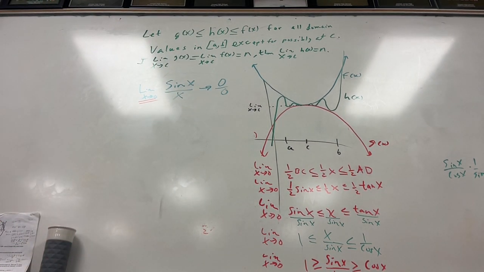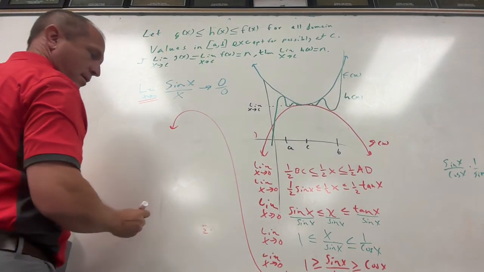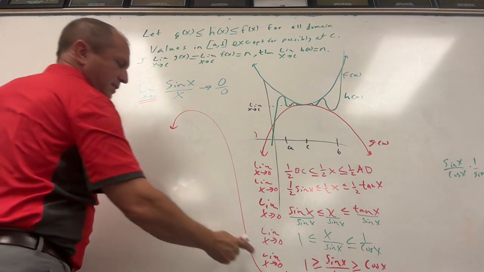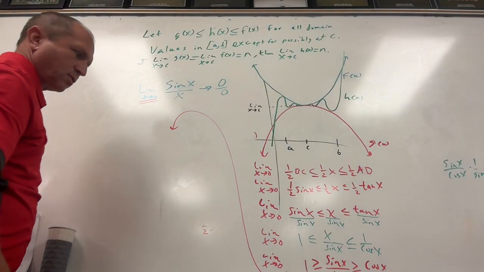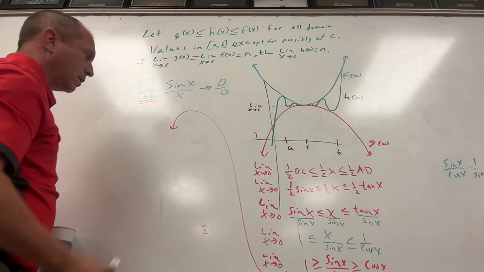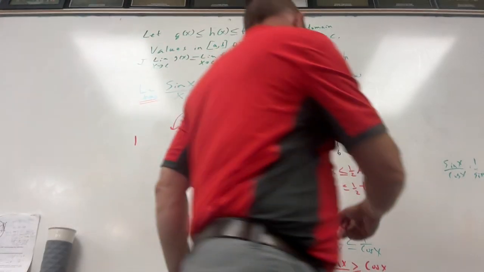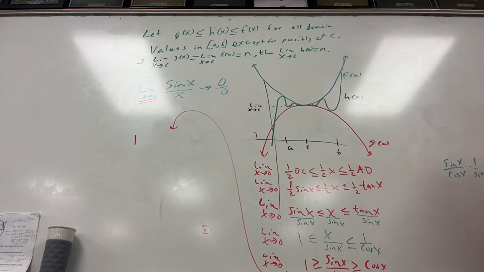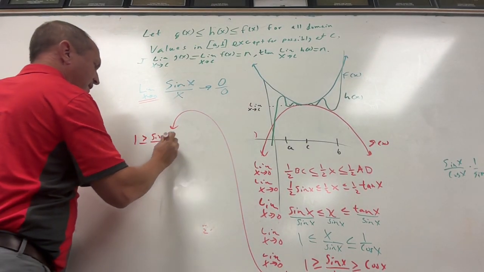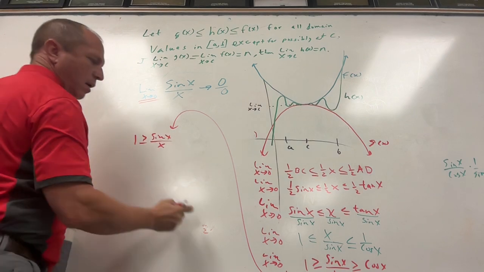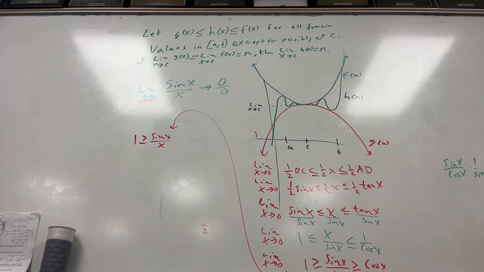All right, well now let's consider this limit here. What is the limit as x approaches 0 of 1? 1. All right. Now, still can't plug in 0 here, can we? But what is the limit as x approaches 0 of the cosine of x? 1.